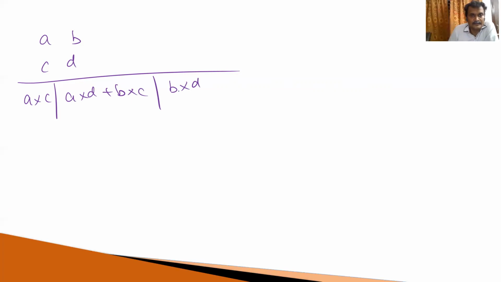Now, a simple one. Suppose 23 into 45. 5 is the unit digit, 4 is the tens digit. 3 is the unit digit, and 2 is the tens digit.